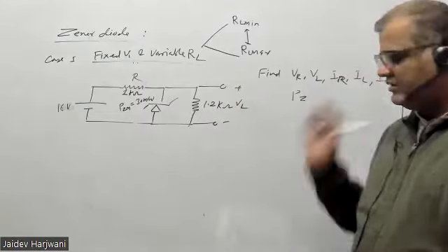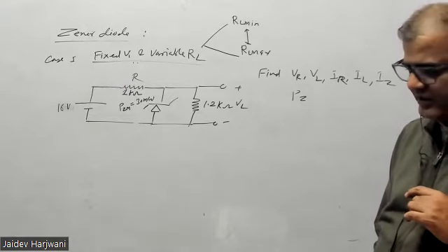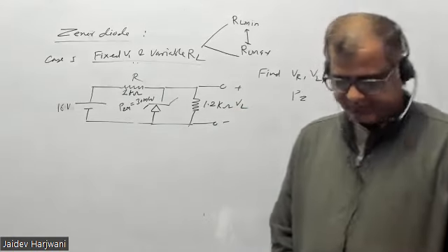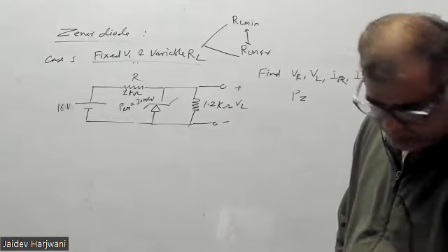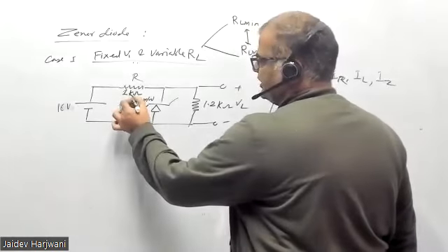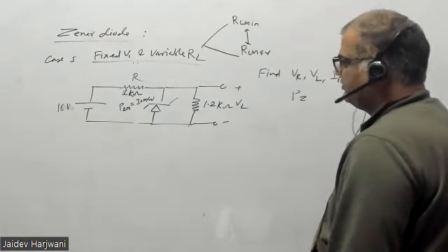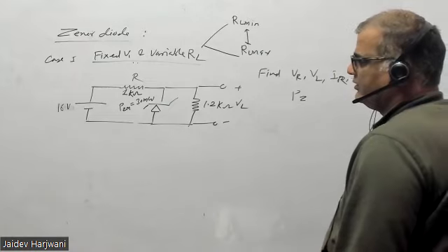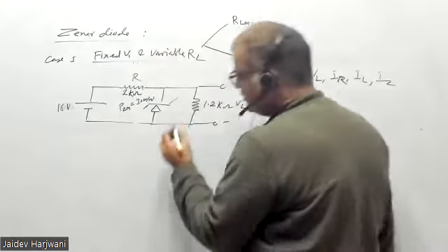So tell me, what is the first thing? You'll check whether the Zener is on or off. So tell me whether it is on or off. The voltage across the Zener is 10 volt.